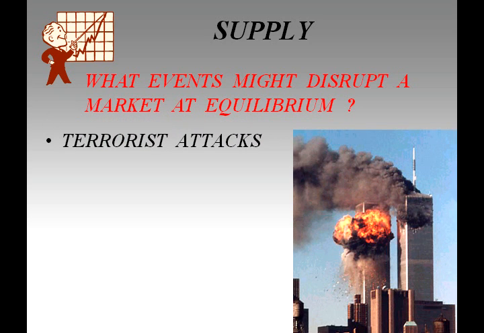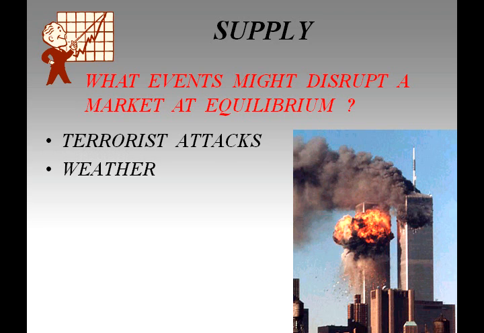Terrorist attacks certainly apply here. Thinking back to the 9/11 event, the terrorist attacks on the Pentagon, the World Trade Center, and the air flight that crashed in Pennsylvania had enormous impact on the airline industry and other travel-related industries.